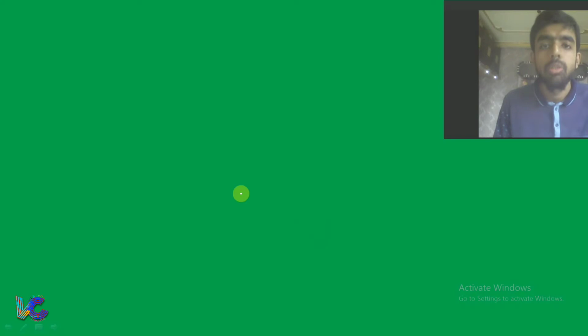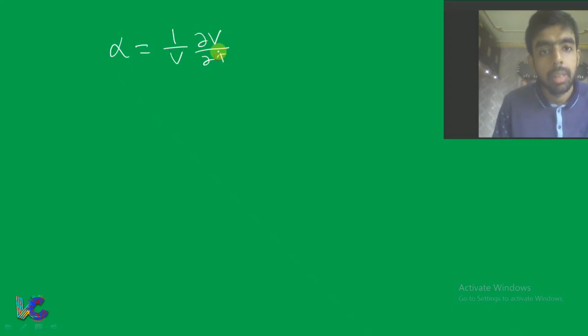Now if you want to understand the meaning of alpha in a general sense, so this is a mathematical expression. If you want to know the meaning of alpha in a normal sense, take the example of water. Suppose you have water at 20 degrees centigrade, and you increase the temperature to 25 degrees centigrade.